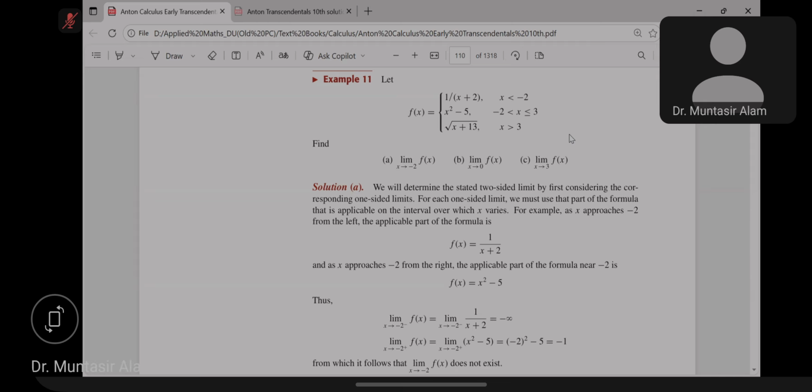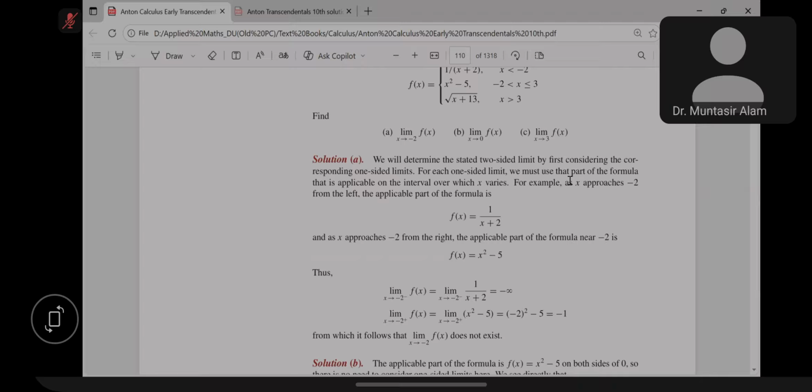So whenever we move to -2 from the negative side, which function value should we use? 1 divided by x plus 2. Exactly, 1 divided by x plus 2. So if we put x equal to -2, what does it give? -infinity. Just using the sign test, we see this is -infinity.